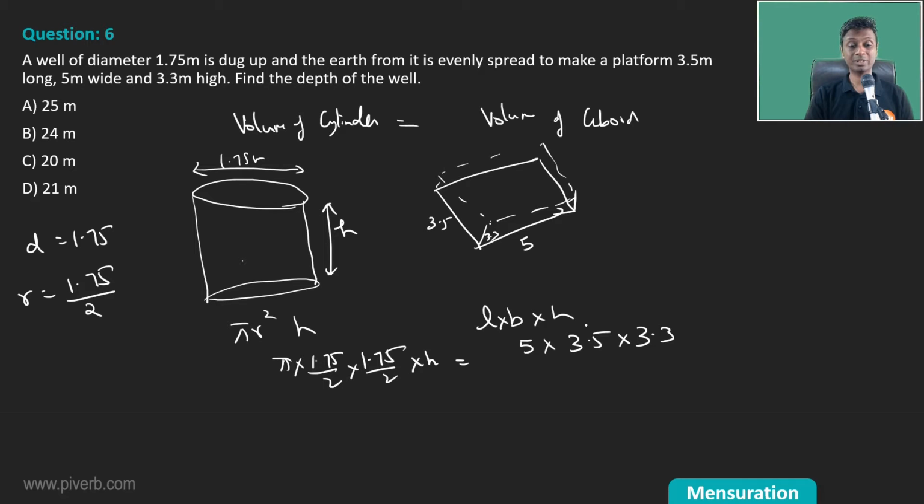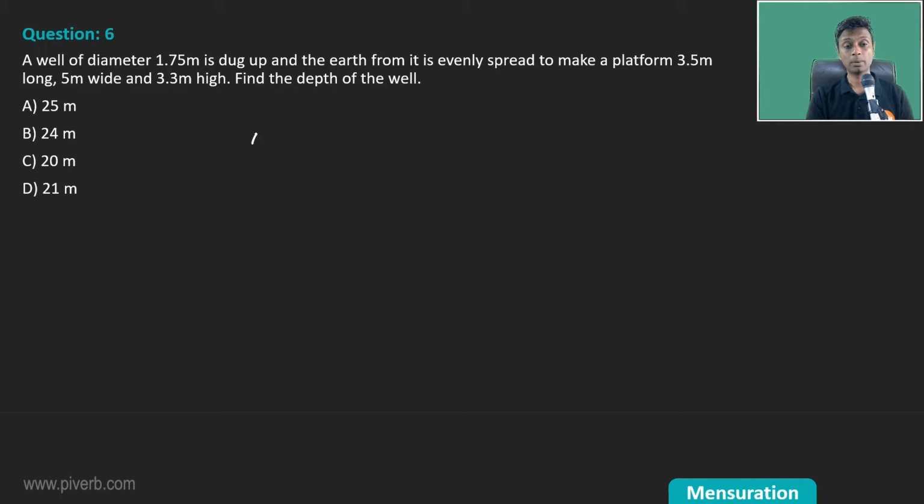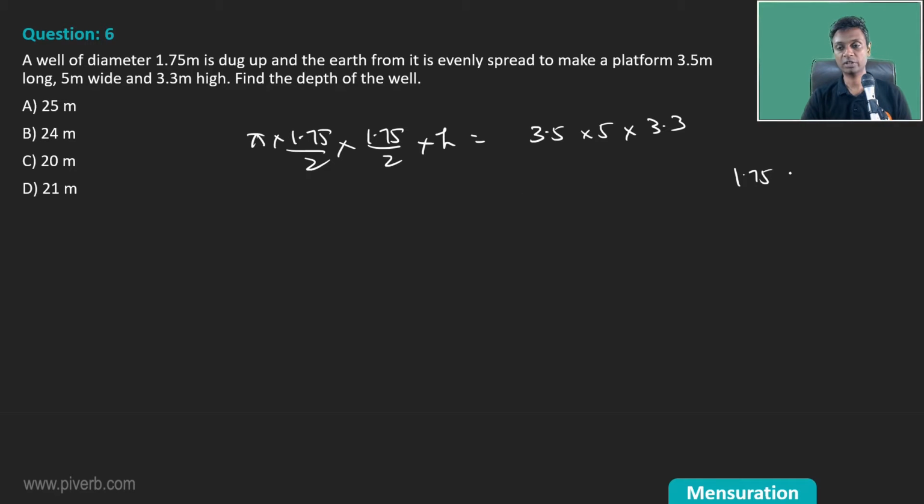Wonderful. So I'm going to write this down again. Pi into 1.75 by 2 into 1.75 by 2 into h is 3.5 into 5 into 3.3. 1.75 into 2 is 3.5, 3.5 into 2 is 7, or 1.75 is 7 by 4.